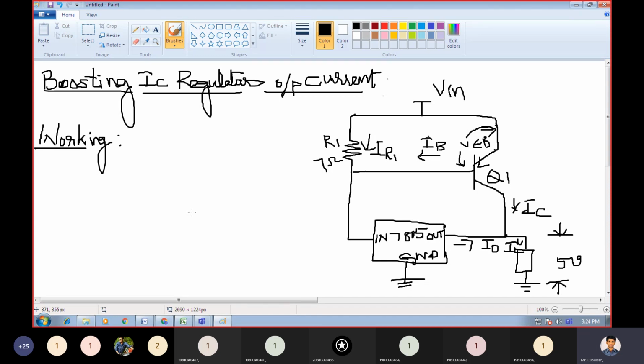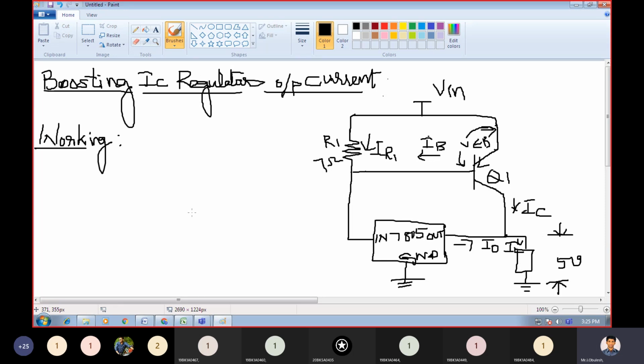Insufficient in the sense that it is less than 0.7 volts to turn on Q1. The regulator itself, the 7805, is able to supply the load current.